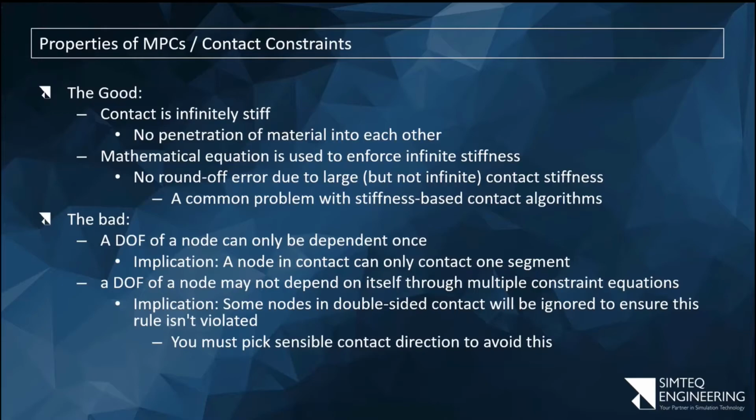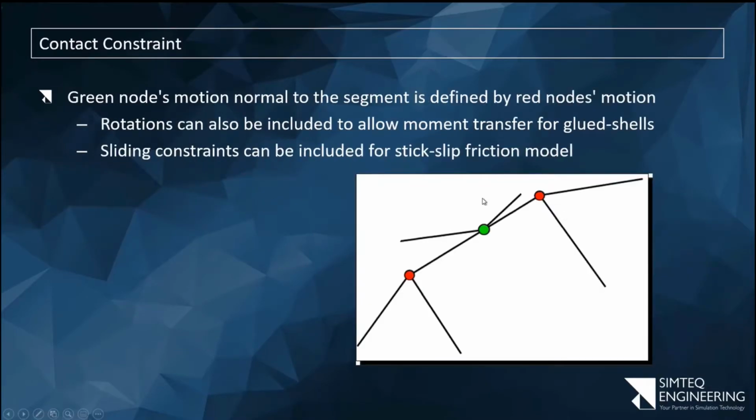Unfortunately, there's some bad qualities that come with it as well. So one of the features of an MPC is a degree of freedom of a node can only be dependent once. So not the node itself, a specific degree of freedom can only be dependent once. Because again, if I go back to this slide, if this is the dependent, and these two tell it to move, it has to move exactly how these tell it.